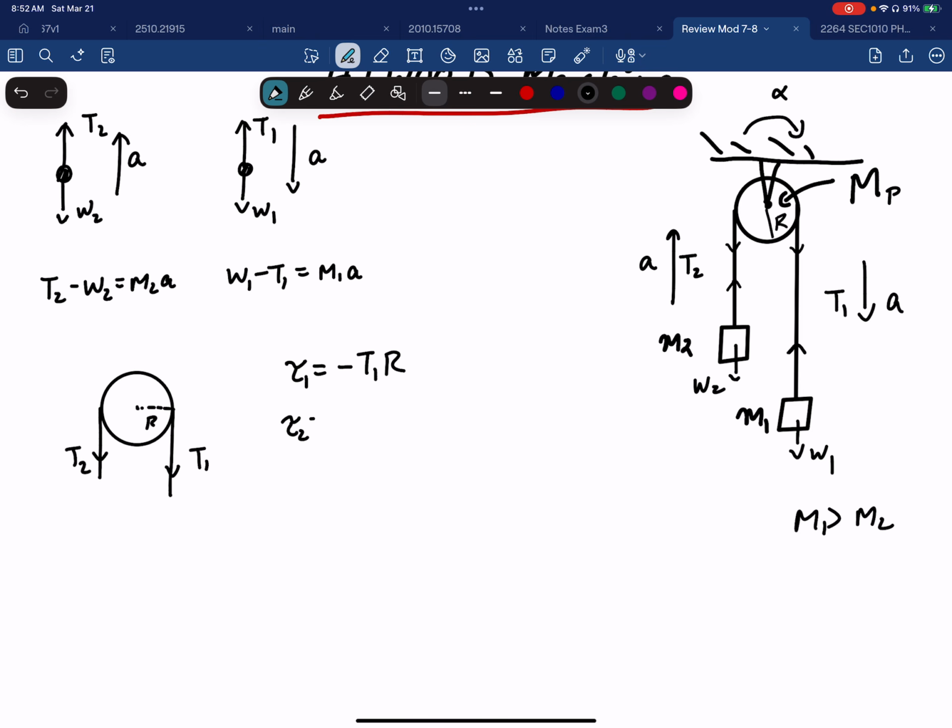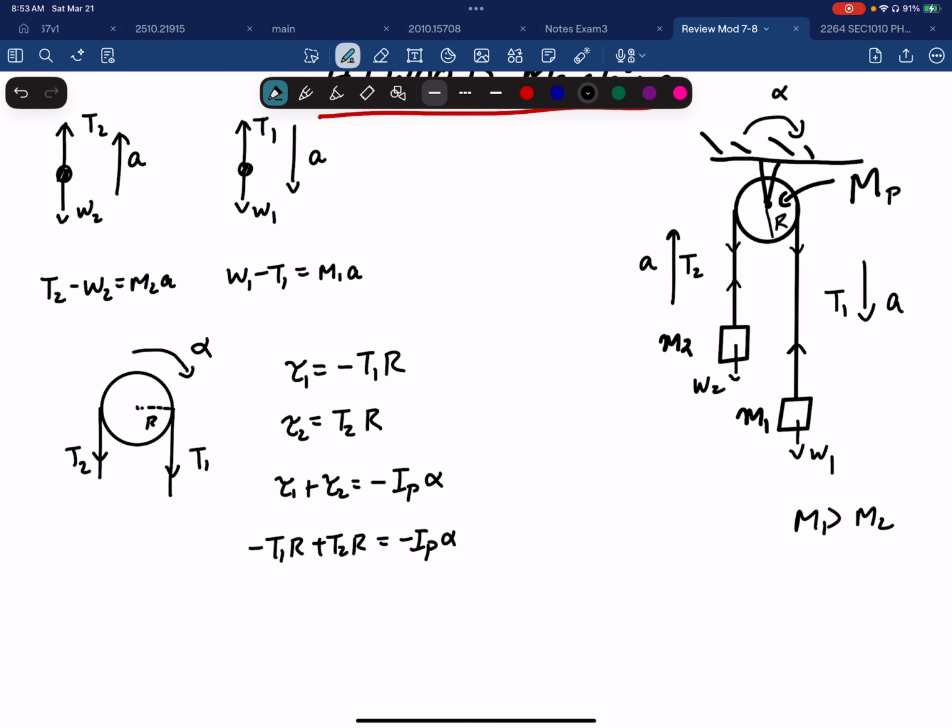Hence, the torque due to 2 will be positive T2R. Now, as a result, my object is rotating in the clockwise direction. Hence, if I put everything together, I will have tau 1 plus tau 2 equals minus, because it's clockwise, I pulley times alpha. So I put everything together: minus T1R plus T2R equals minus I_P alpha.